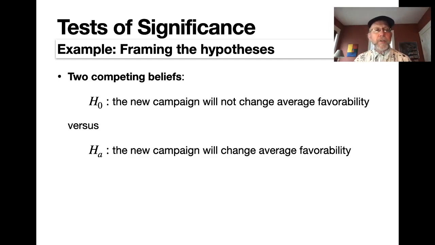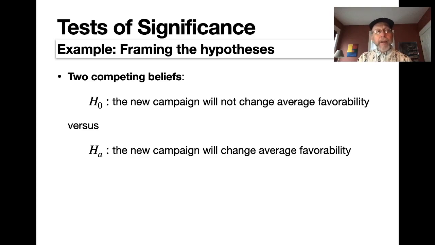In this situation, there's really two competing beliefs that we're evaluating. One is that the new ad campaign won't change favorability at all for the firm. Essentially, that the new campaign won't have any effect. The competing belief, which I'm sure Dewey, Cheatham, and Howe hope is true, is that the new campaign will change average favorability.